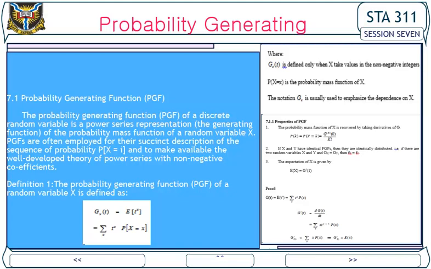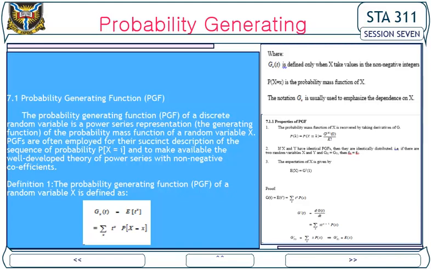Properties of PGF. 1. The probability mass function of X is recovered by taking derivatives of G. 2. If X and Y have identical PGFs, then they are identically distributed. That is, if there are two random variables X and Y, and G_X = G_Y, then F_X = F_Y. 3.